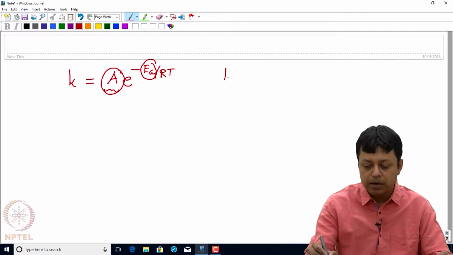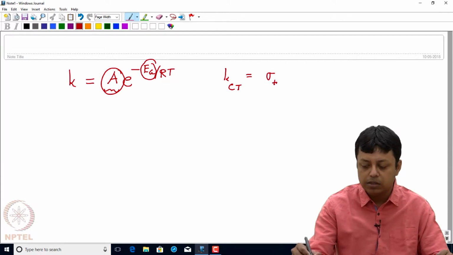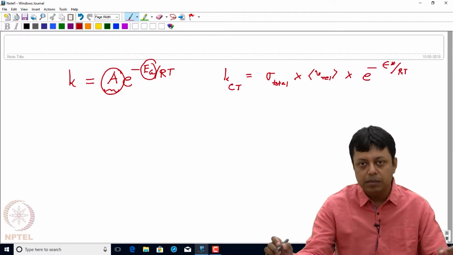And also, just to remind you, from collision theory, which we did not derive in this course but which was derived in the earlier version of this course, the collision theory expression will be something like the total cross section times the average of the relative velocity times e to the power minus E star by RT, where E star is the minimum energy in the potential energy surface that we cross.